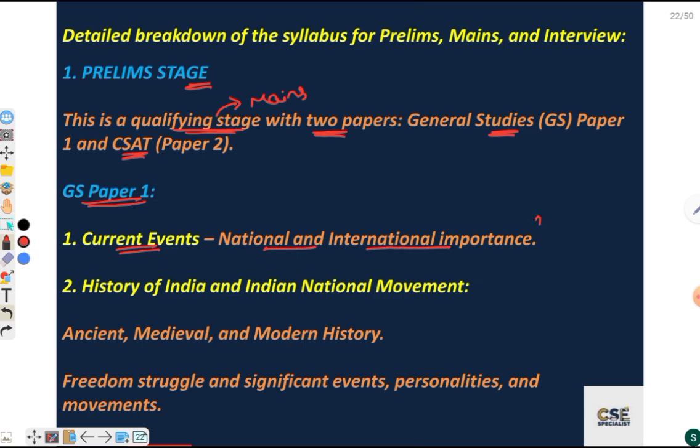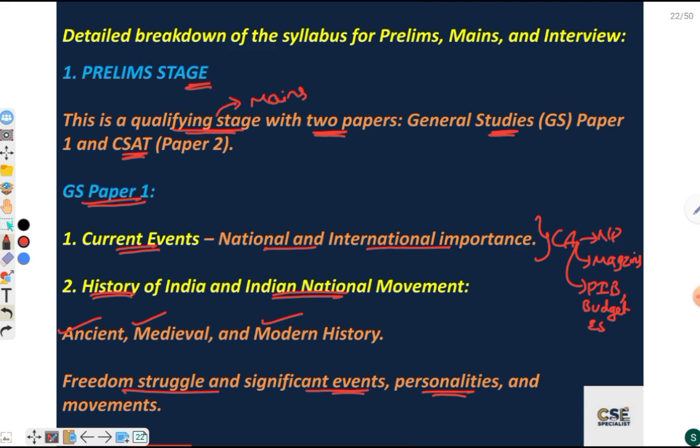Here you have to refer to current affairs, that is newspapers and magazines, and other sources like PIB, budget, economic survey. In the next topic, that is history of India and Indian national movement, you have to cover ancient Indian history, medieval Indian history and modern history, and later freedom struggles and significant events, personalities and movements. This is what you have to cover in the history of India and Indian national movement.